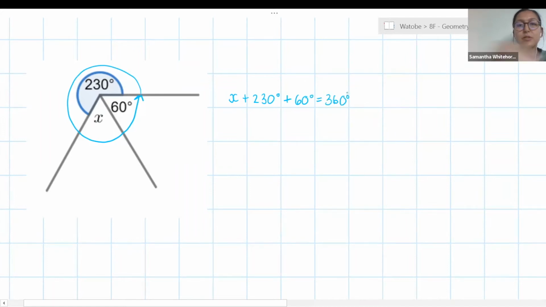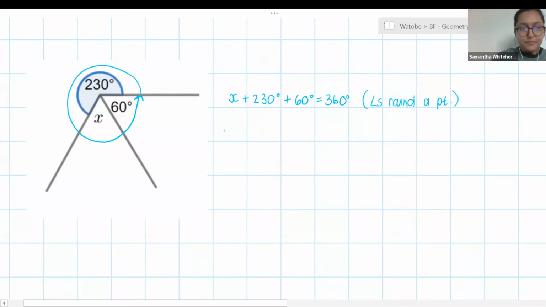Now, guys, it's absolutely fine if you go and add the 230 plus 60, and then you minus that from 360, absolutely fine, right? So you don't have to set it up exactly as I've set it up. I'm just showing you what we're doing to get our answer. So angles round a point is our reason, as we said.